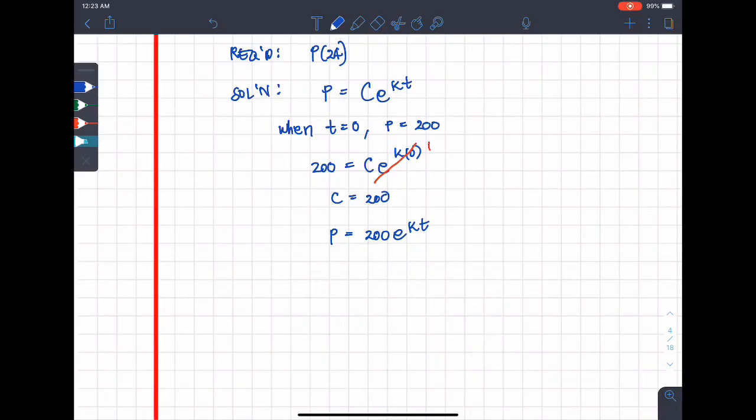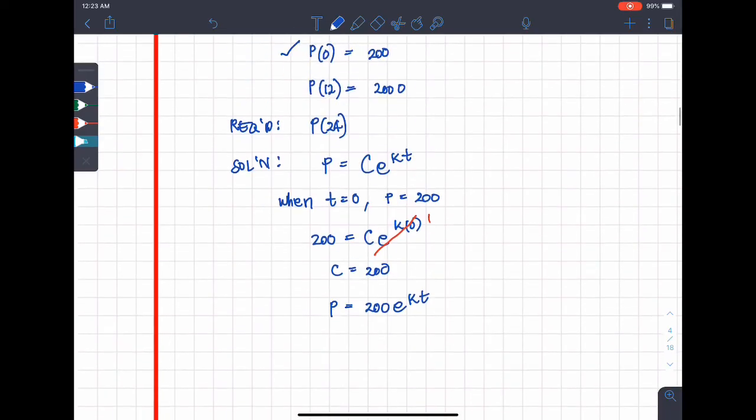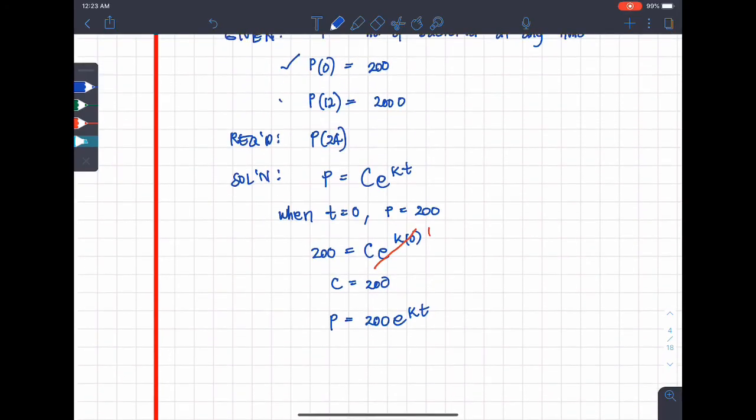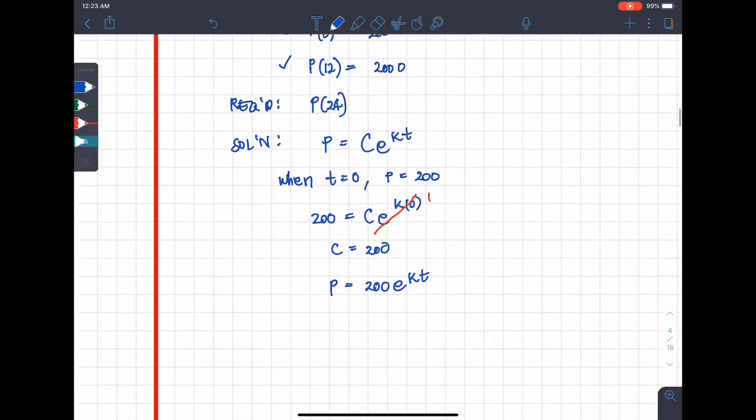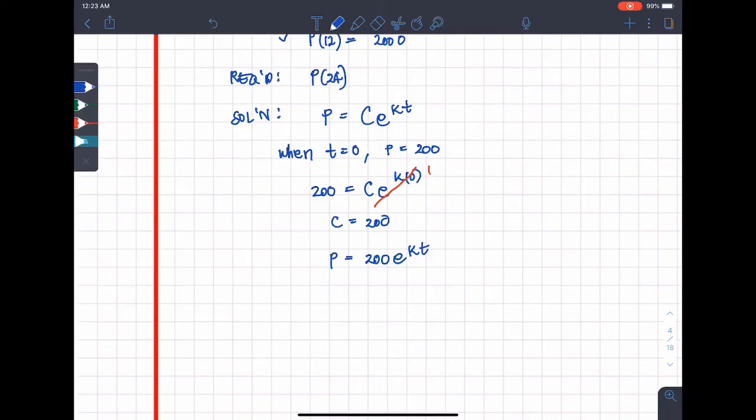Then let's use the second statement, that after 12 hours the bacteria increases to 2,000. When time is equal to 12, the population increases to 2,000.